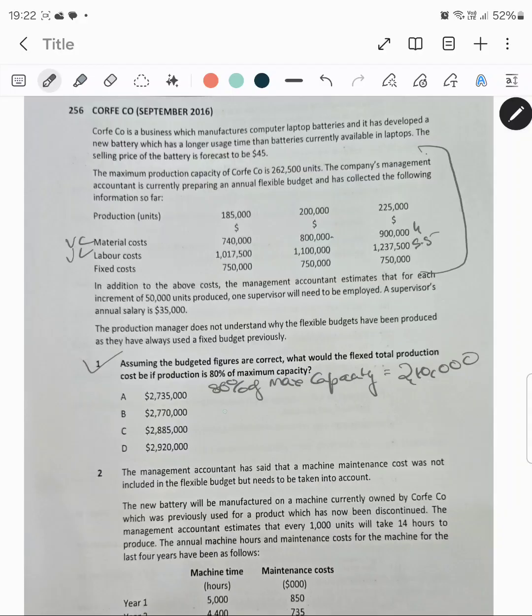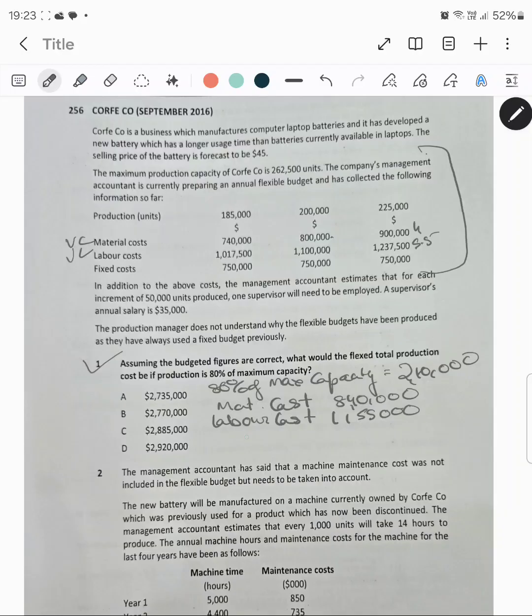So for 2,10,000, what will be my material cost? 2,10,000 into 4 would give me 8,40,000. Labor cost is 5.5, so 2,10,000 into 5.5 is 1 million 1 lakh 55,000.